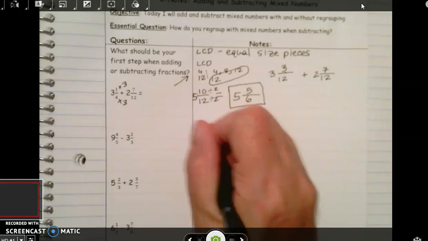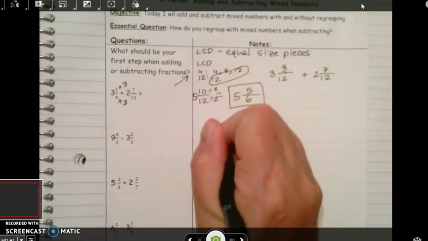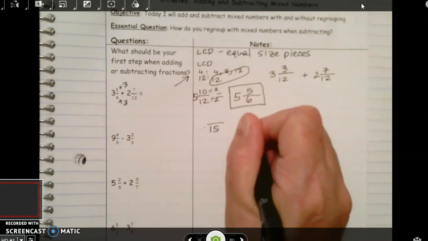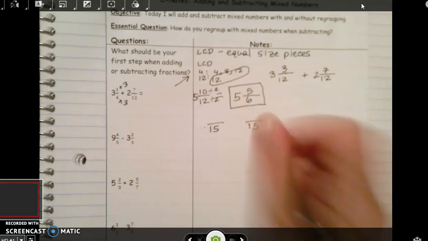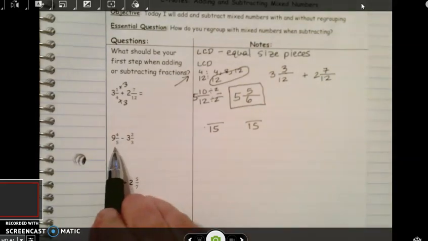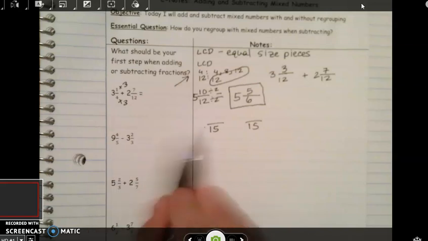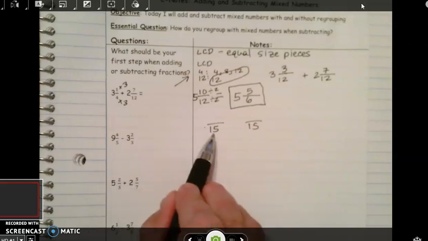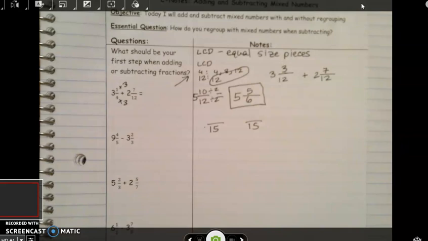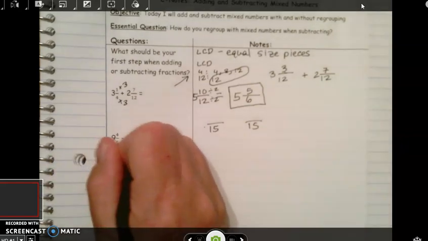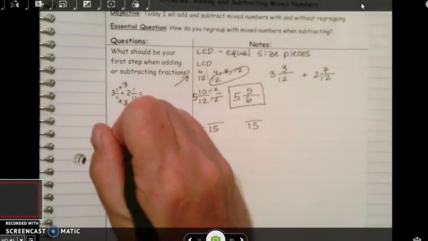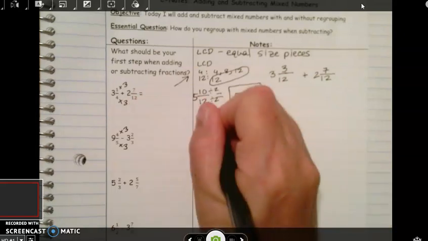So I'm going to put that as my denominator. Now, I have to make equivalent fractions. 5 times what is 15? 5 times 3. If you do it to the bottom, you do it to the top.